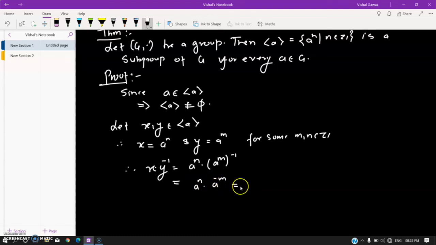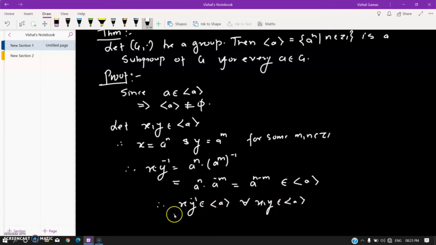So this is equal to a raised to n minus m, and n minus m is some integer. So x y inverse is some a raised to an integer. Therefore, x y inverse belongs to the set generated by a for every x, y in it, and that completes the proof.